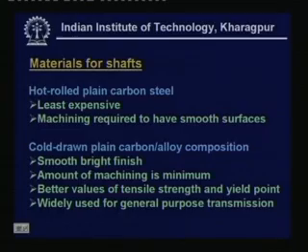Compared to the earlier one, it has better values of tensile strength and yield point. And the last advantage of cold drawn plain carbon or alloy composition steel is its wide acceptability for general purpose transmission.